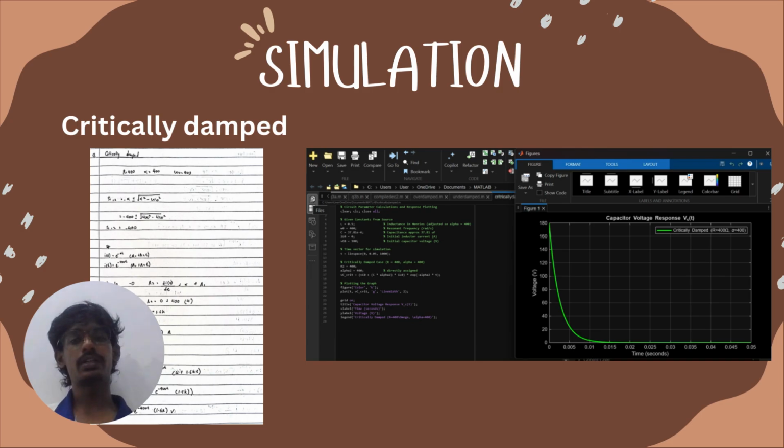Now let's look at the MATLAB simulation. We take the formula and equation as a reference and implement them in the coding.